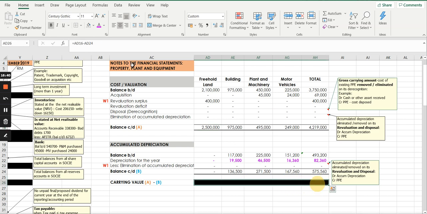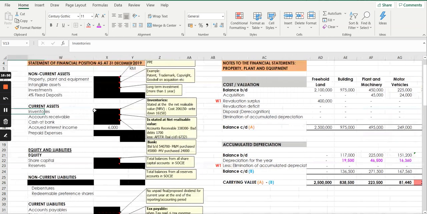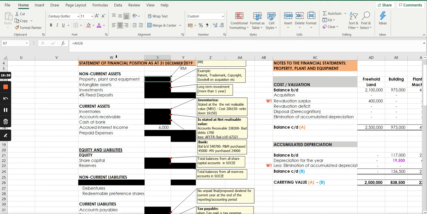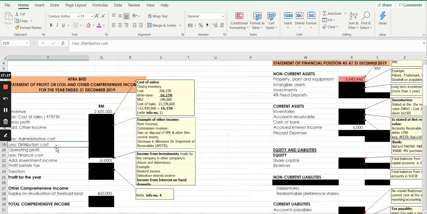And therefore, you'll be able to get your carrying value. This carrying value, I put a color here, and this colored amount is the one that you will have to show in your PPE as part of your non-current assets, that is property, plant and equipment, 3,643,440. Okay, that was the item that you have done for your PPE that is completed already. So you are done with your notes to the financial statements.